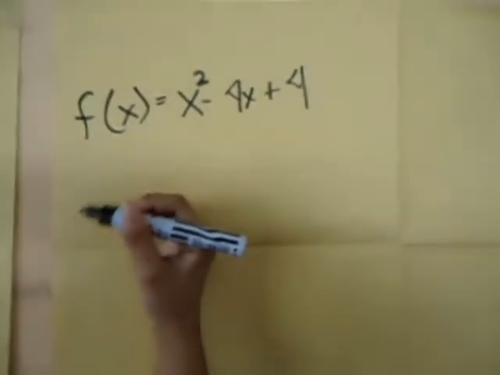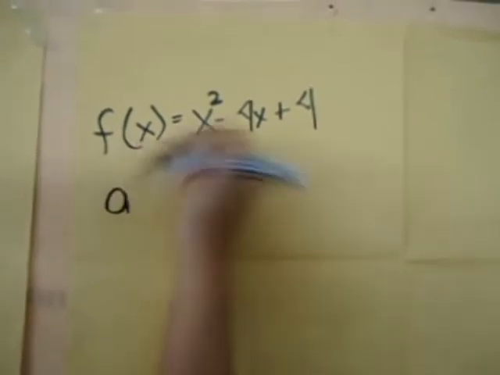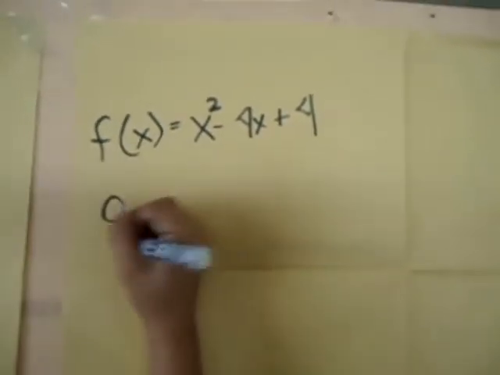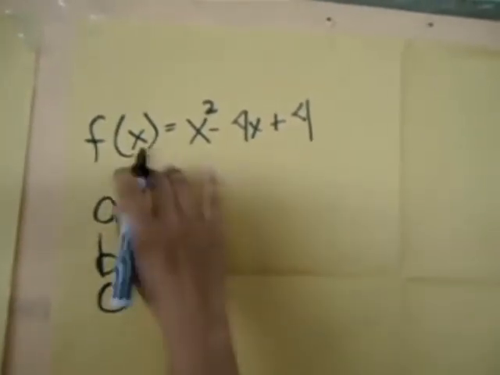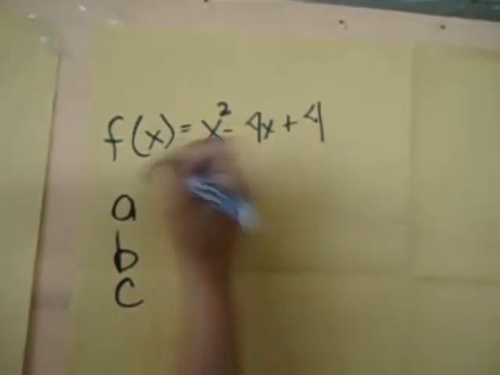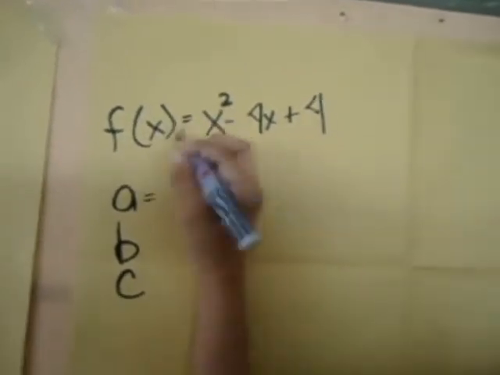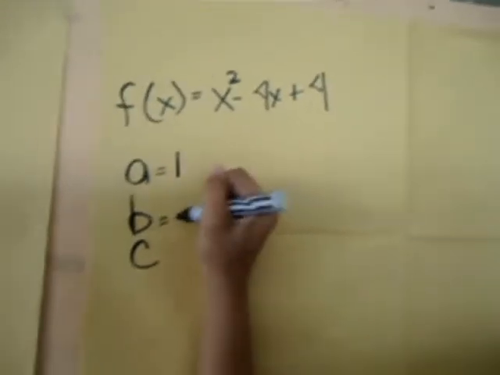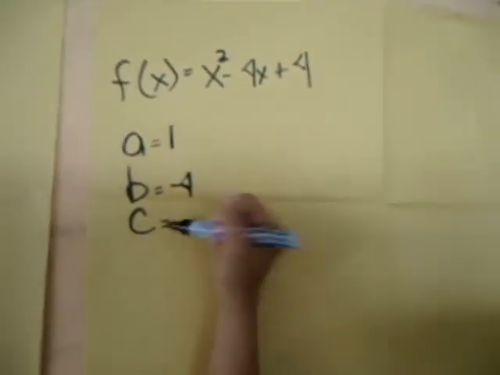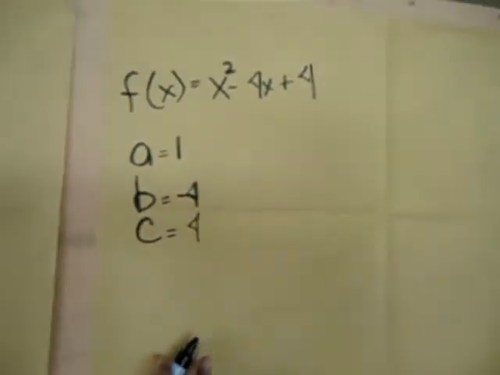The solution is, now we will get the ABC of this function. The A is 1 and the B is negative 4 and the C is positive 4.